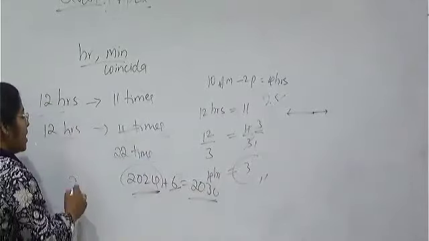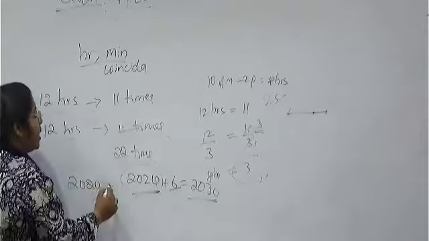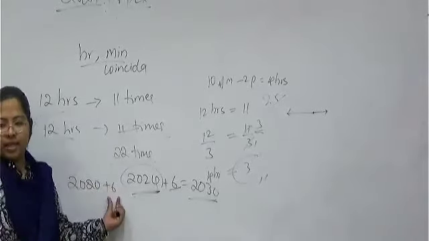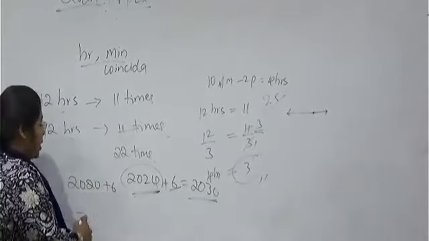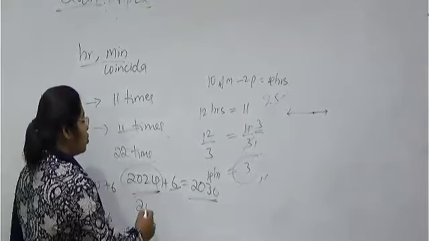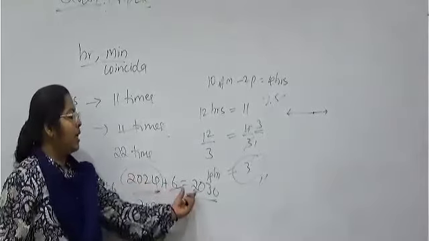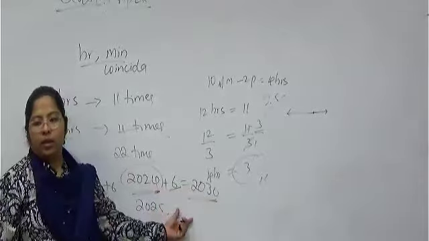Now, previous leap year is what? 2020. To 2020 you need to add 6. For the leap years only you should add 6. So the 2020 calendar was the same as the 2026 calendar. But here they have given us the 2025 calendar. If 2024's calendar is the same as 2030's calendar, then add 1 to it.